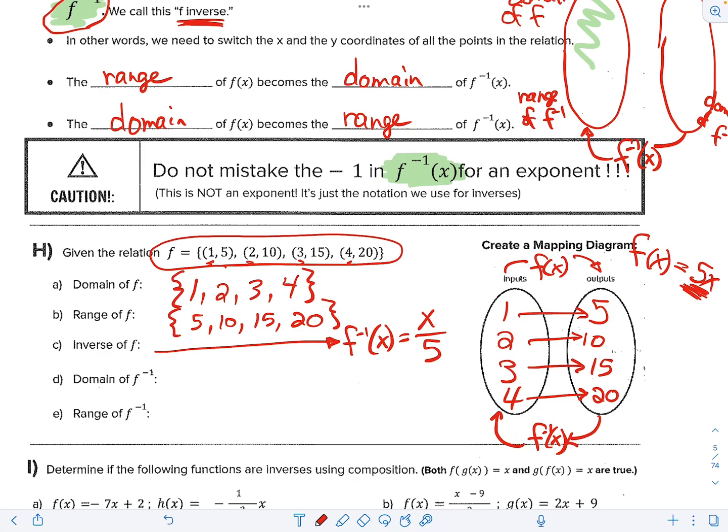So the domain of the inverse now is those numbers 5, 10, 15, and 20. We're going in the reverse order, and they're mapped to the range of f inverse, the outputs, which are going to be 1, 2, 3, and 4.